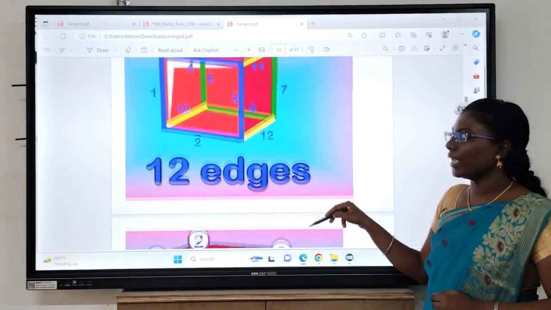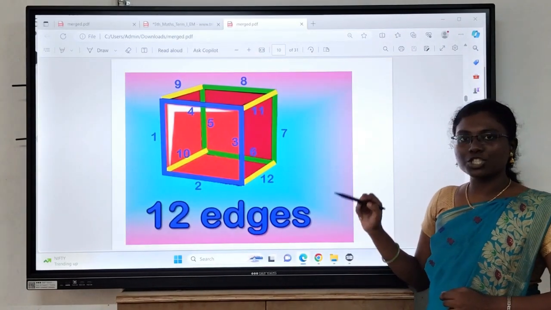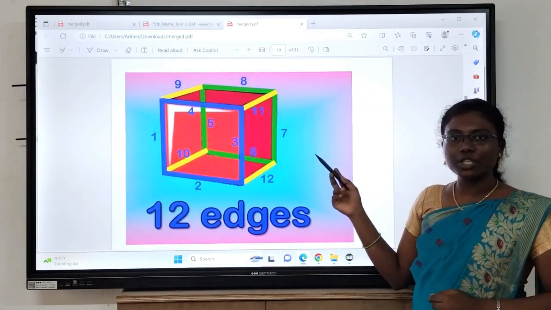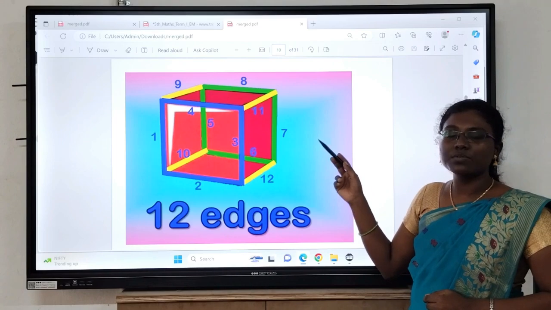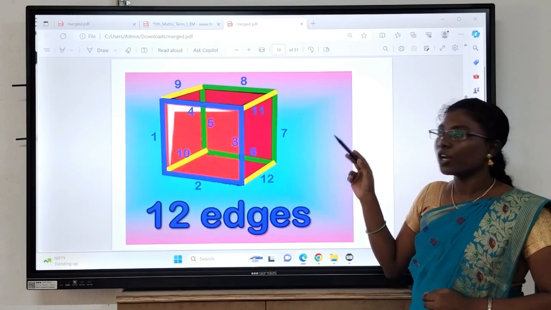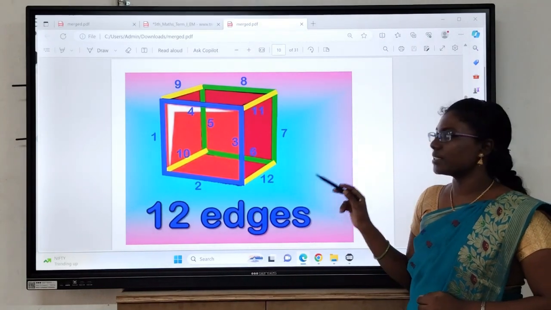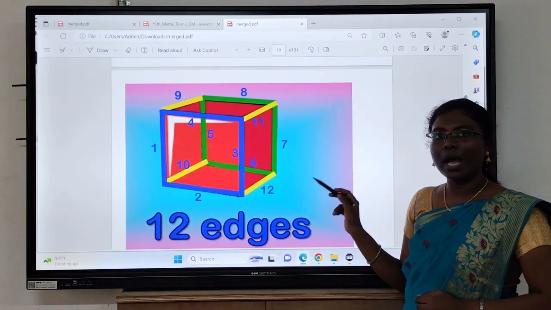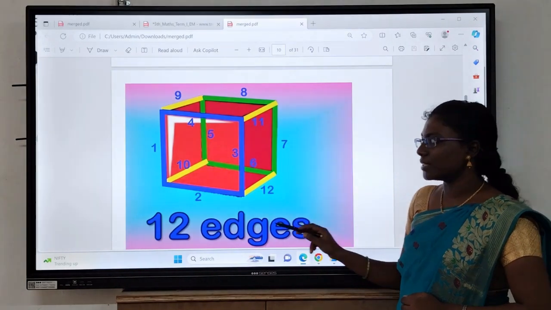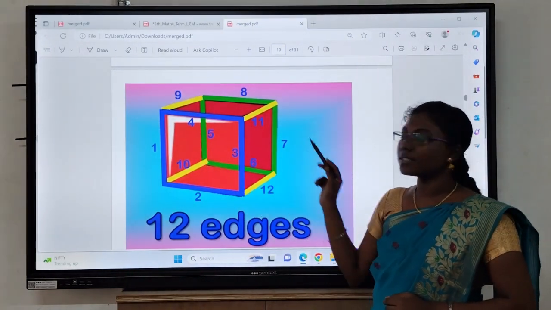Next we will see edges. So as I told you already, we have seen cuboid shape. Cuboid shape also have 12 edges. Here cube also have 12 edges. So how many edges? 12.